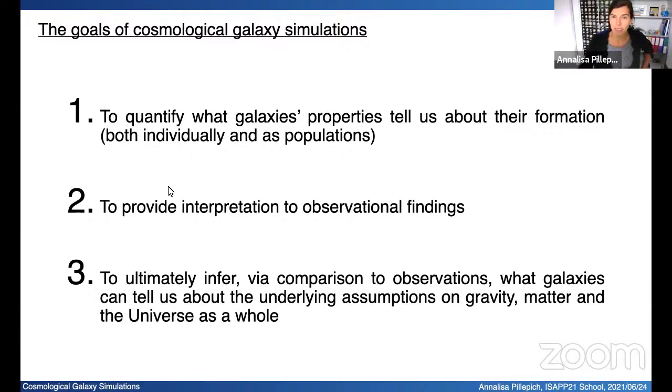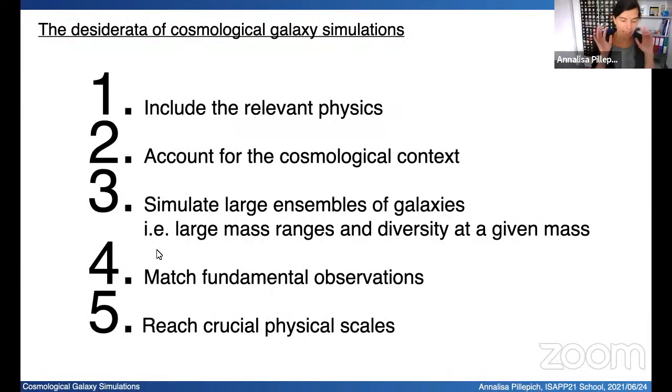But more in general, and as we aim in my team as well, ultimately we want to infer via comparison to observations what galaxies can tell us about the underlying assumptions of gravity, matter, and the functioning of the universe as a whole, and therefore what they can tell us about dark matter, dark energy, and assumptions on the description of gravity.